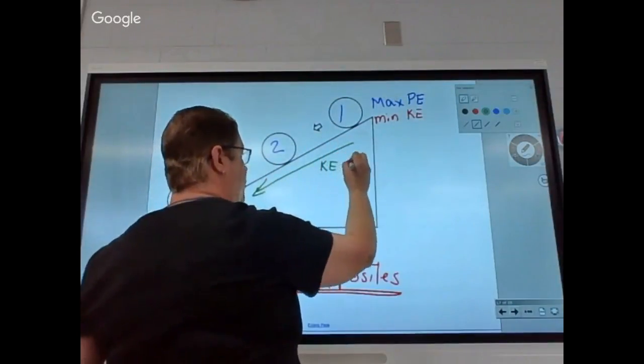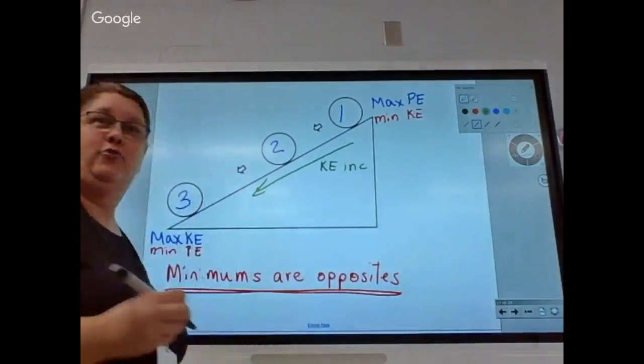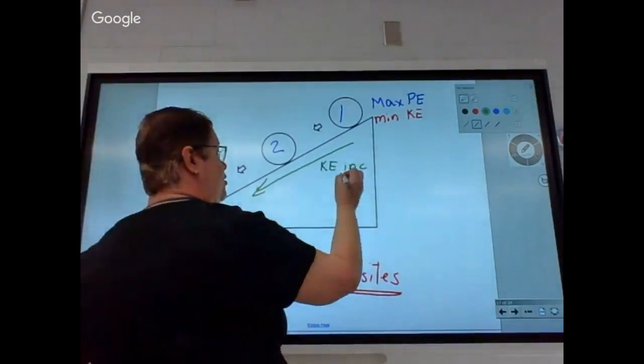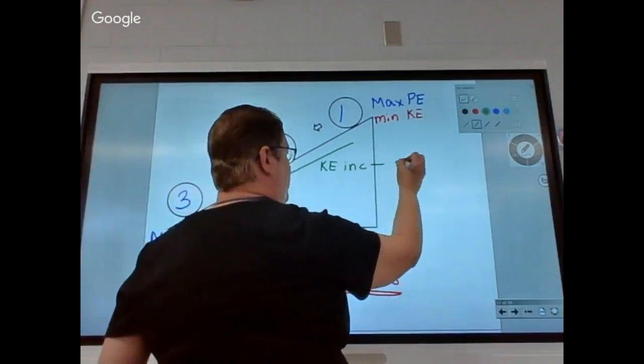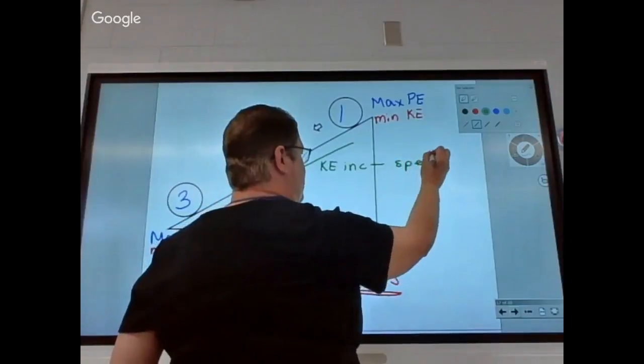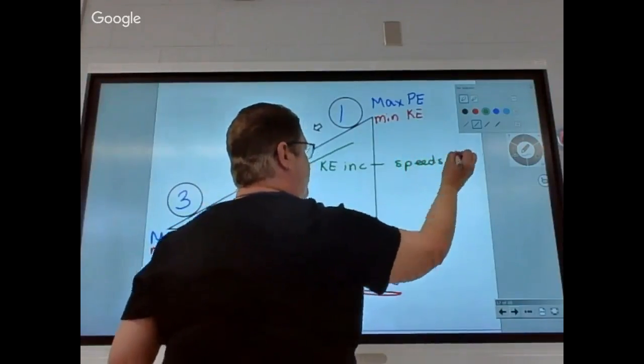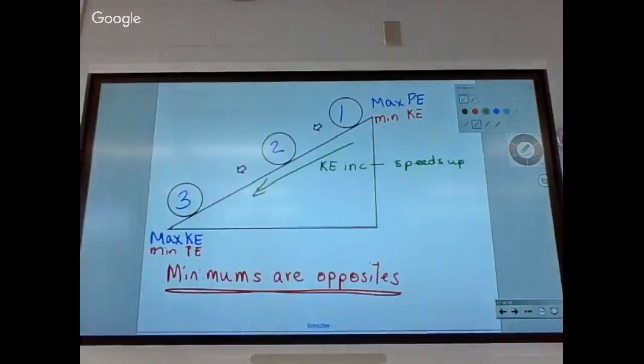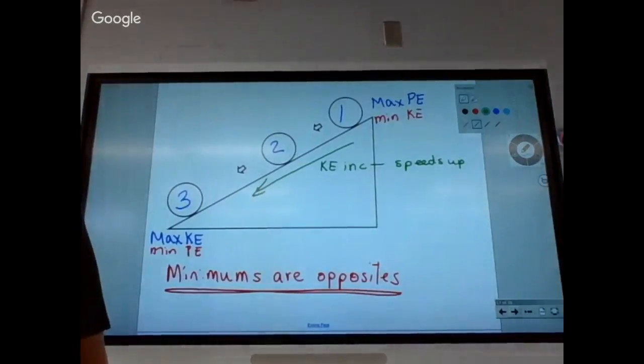Because that's exactly what happened. That's right. Kinetic energy increases because it speeds up. As the ball rolls down the hill, that is the exact reason that kinetic energy increases. If something speeds up, kinetic energy increases. Okay?